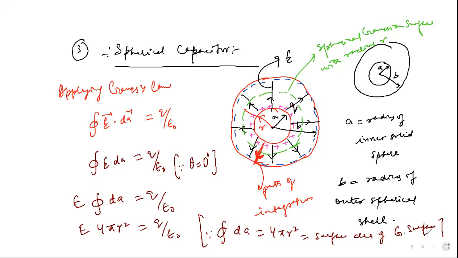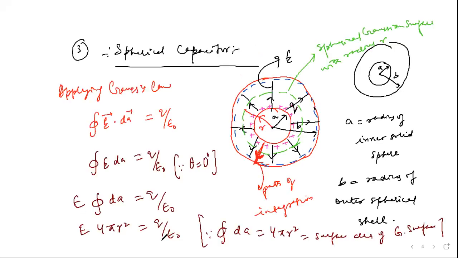So we got the electric field. Our electric field is 1 by 4 pi epsilon naught q by r square, right? This is my first equation.